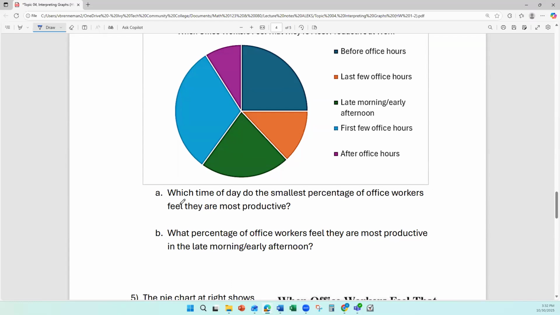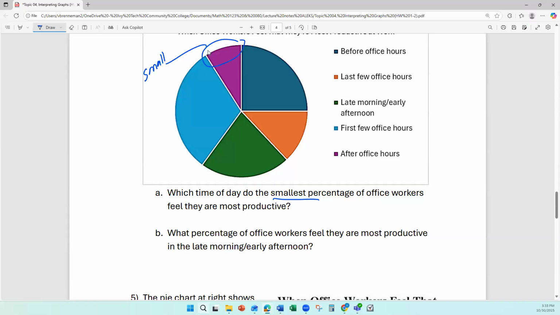And we have to kind of just visually look at the size of the slices. If we're looking for what time of day the smallest percentage felt they're most productive, we first need to figure out which slice is the smallest one. And that seems to be the purple, this one here.